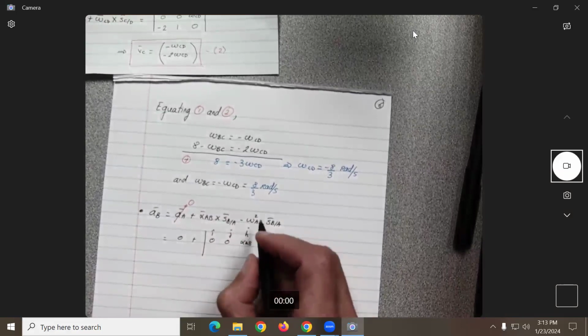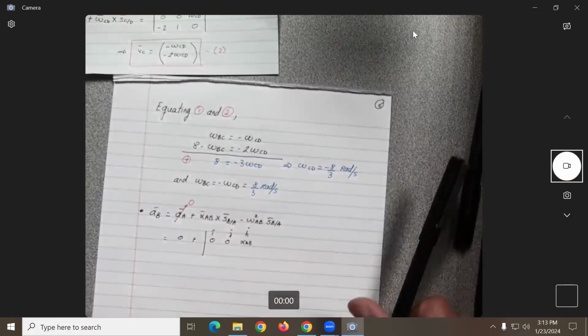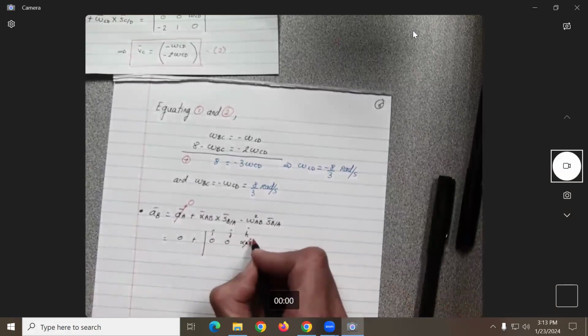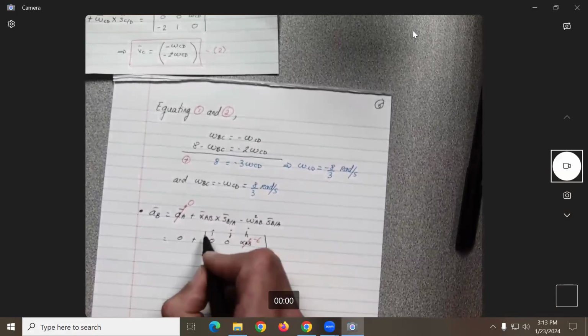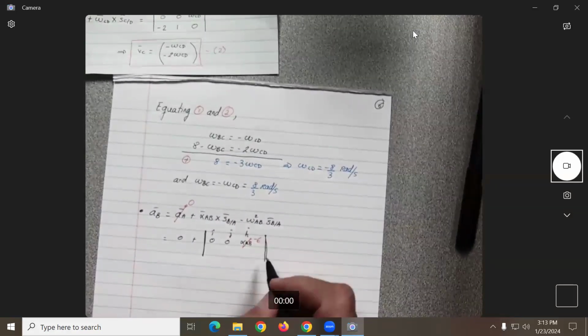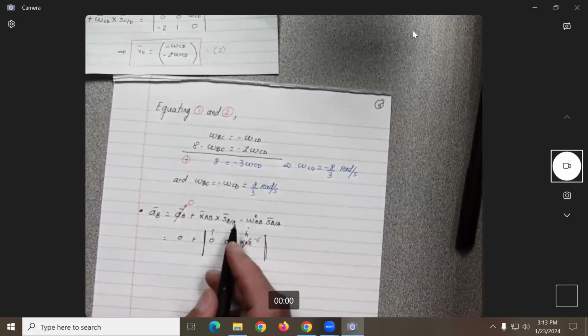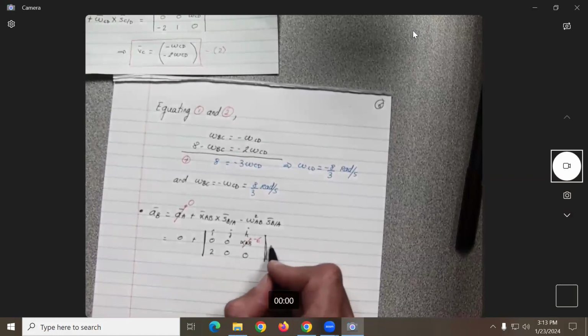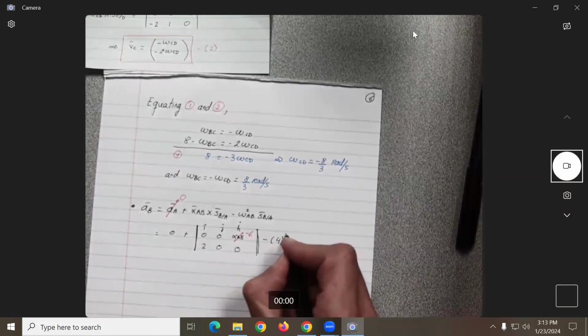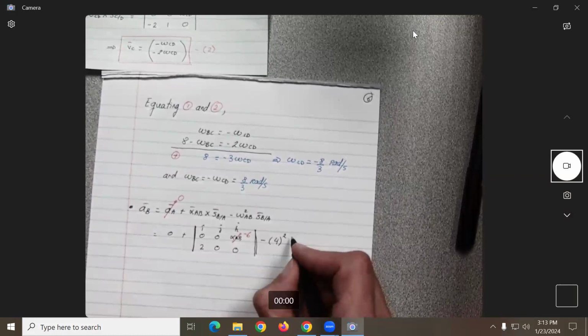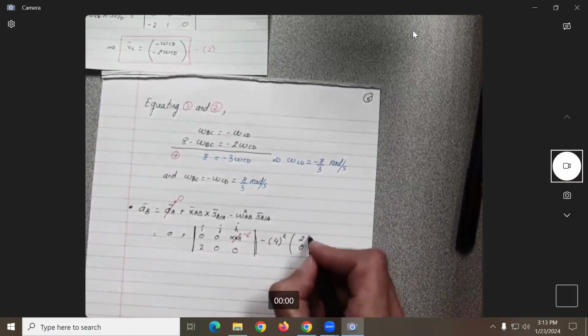What is alpha AB? Let me put over here -6. And now you can look at before. What was B with respect to A? 2, 0, 0. Minus omega AB was what? 4 squared times 2 and 0.